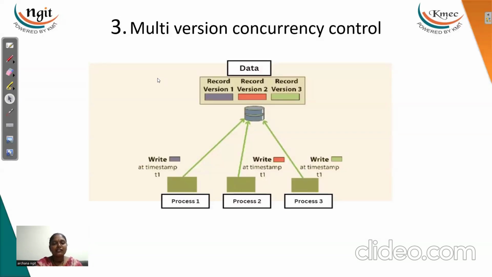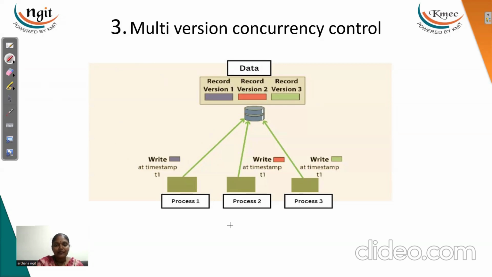The third type of transaction control scheme or protocol is the multi-version concurrency control protocol. So in this multi-version concurrency control protocol, we have a data item. Now, this data item can be shared by multiple processes or multiple people through different sets of transactions.